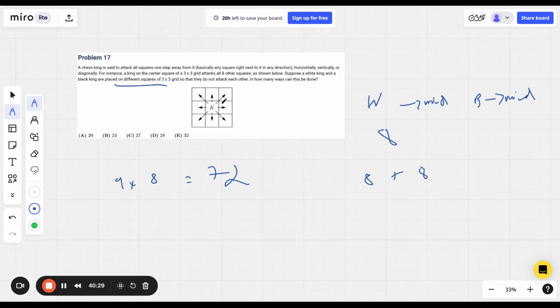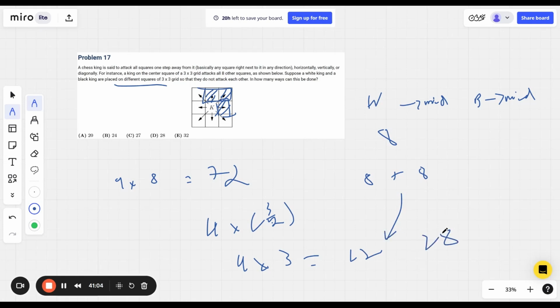And aside from those bad positions, they can be placed on two adjacent squares over here, or let's just say some corner set of these squares. So any 2 placements of the kings into these corners would be considered bad. We have 4 of these corners, and then 3 choose 2 ways of placing them. So 4 times 3 equals 12. So 16 plus 12 equals 28.